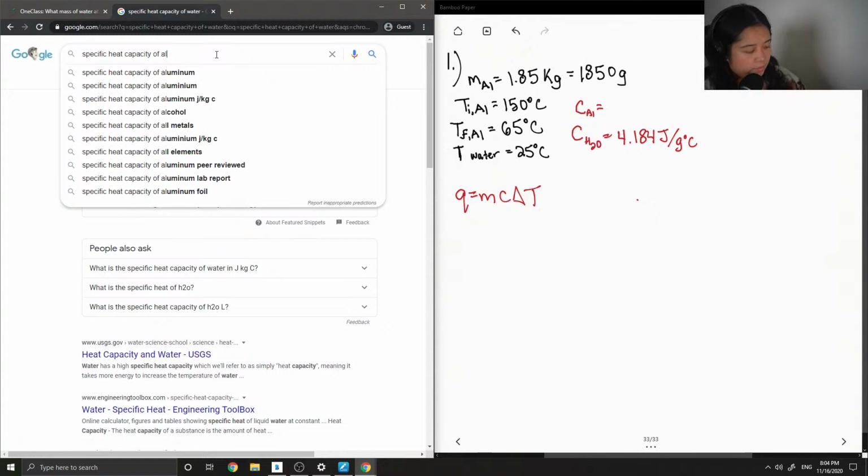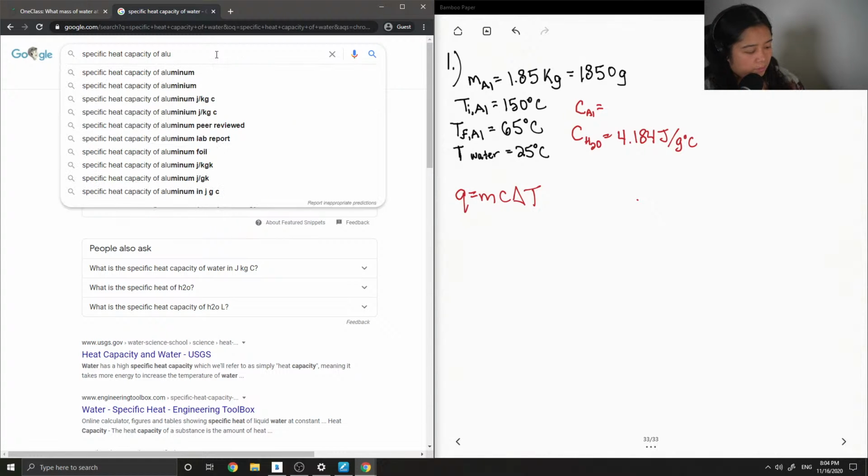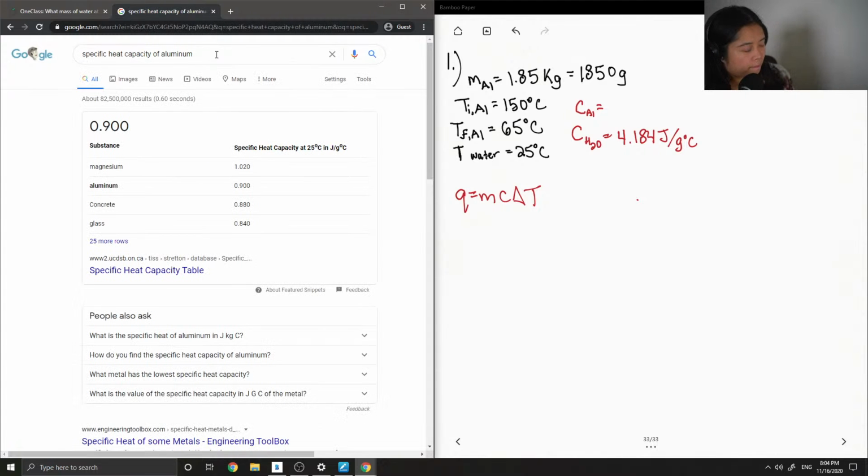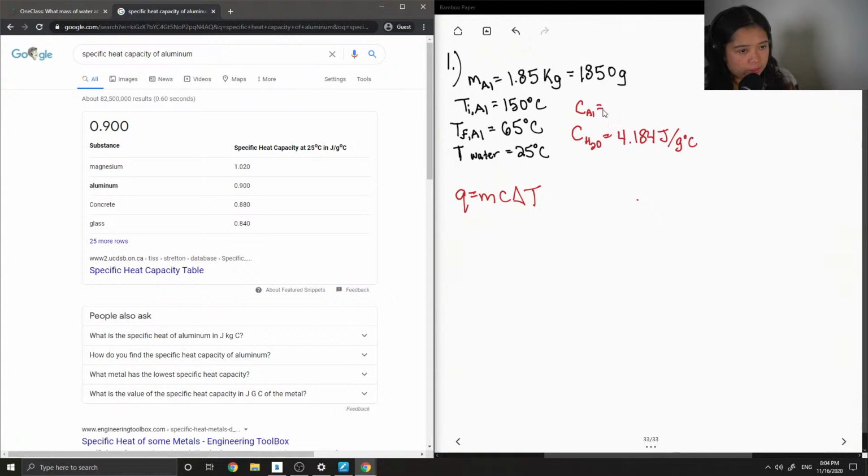So now let's look up the heat capacity of aluminum. So the specific heat capacity of aluminum is 0.900, and it has the same units, joules per gram times degrees Celsius.